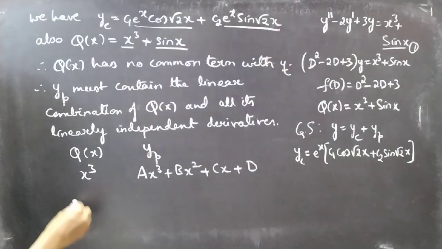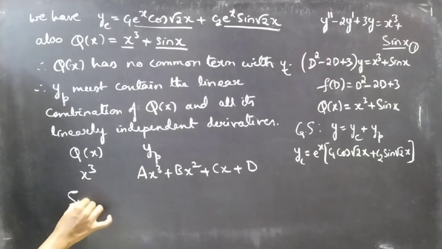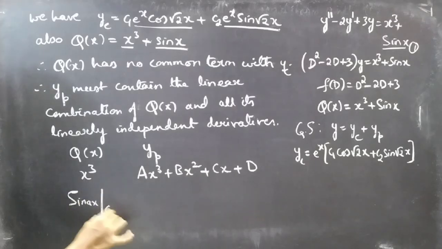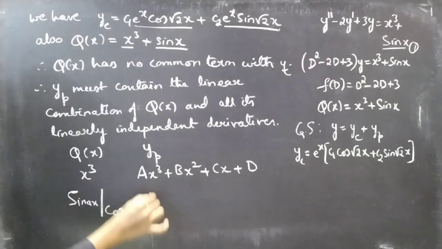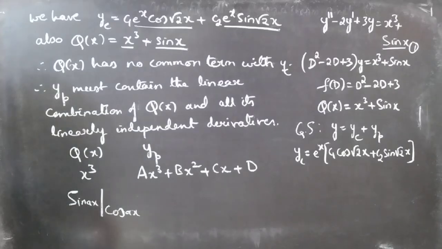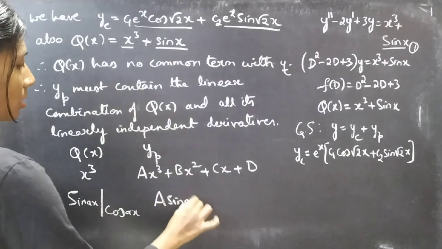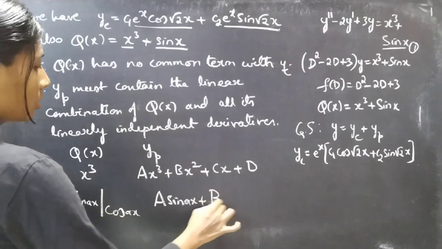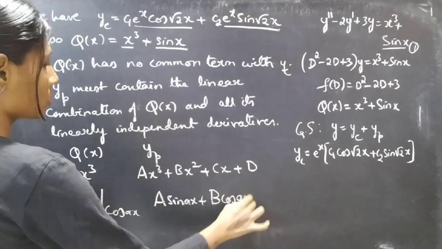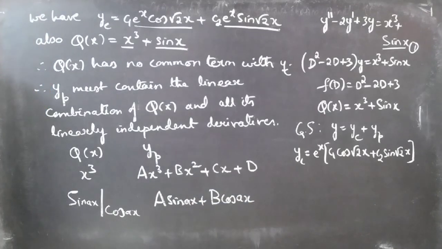When q of x is sin ax or cos ax, then yp will be a sin ax plus b cos ax. Okay.